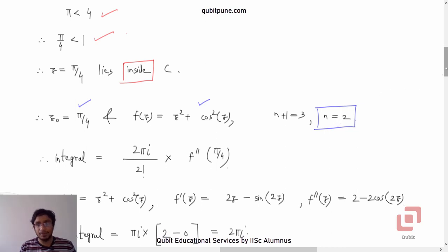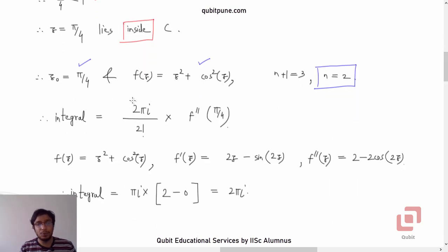Let us do that. What will the integral be? The integral's value will be 2 pi I upon n factorial multiplied by the nth derivative of the function f at z0. So it is 2 pi I upon 2 factorial into the second derivative of the function at z0, which is pi by 4. So this is going to be pi I times the second derivative of the function at pi by 4. F of z is z squared plus cos squared z. First derivative of z squared is 2z, second derivative 2.